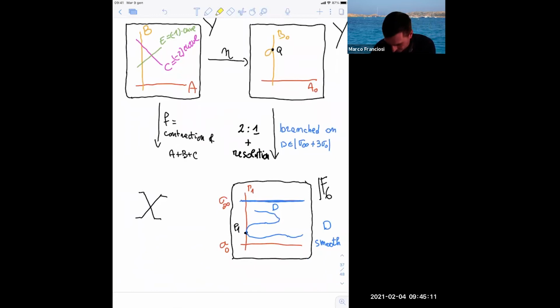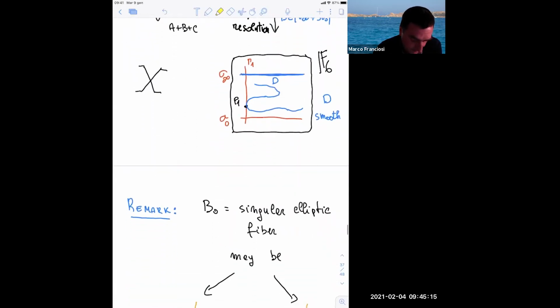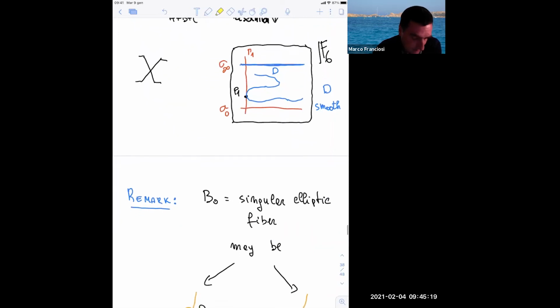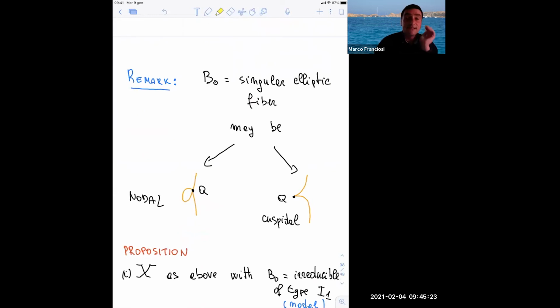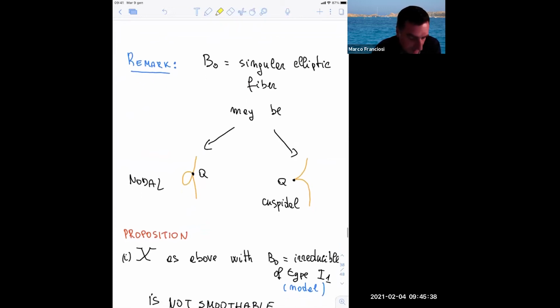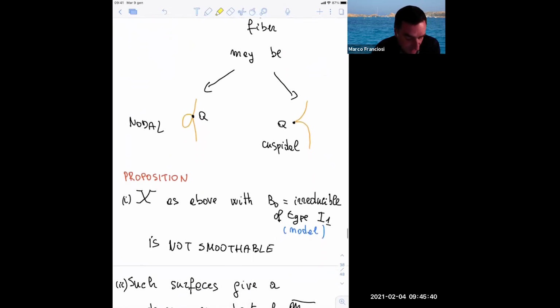So now I'm going quickly. The only thing to remark is the following. In this case, the singular elliptic fiber a priori may be nodal or cuspidal. And we have different situations. So the proposition is the following.